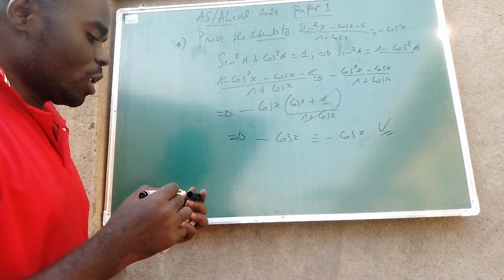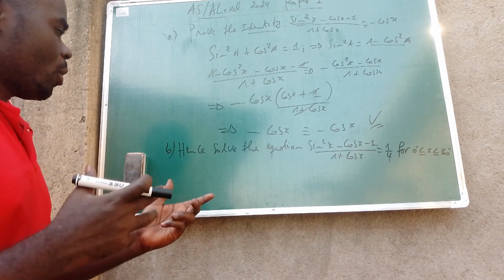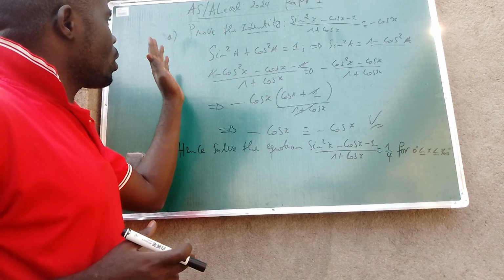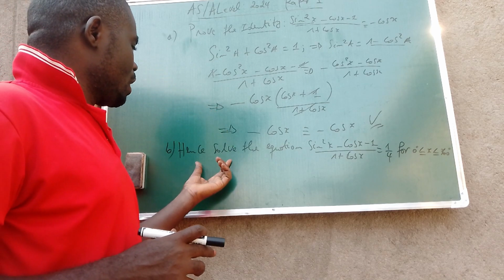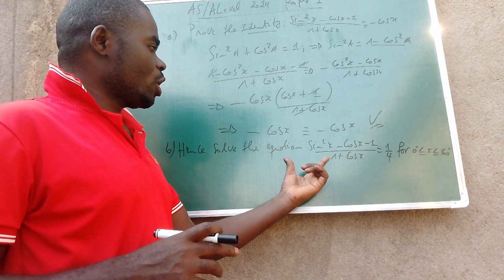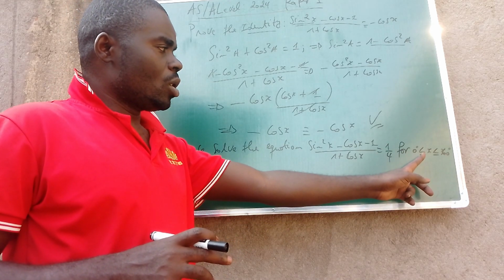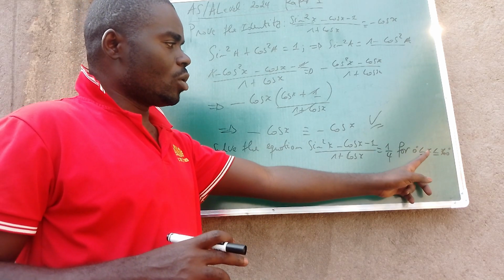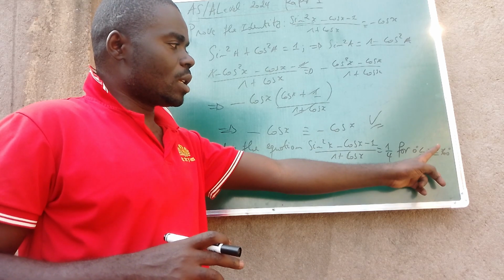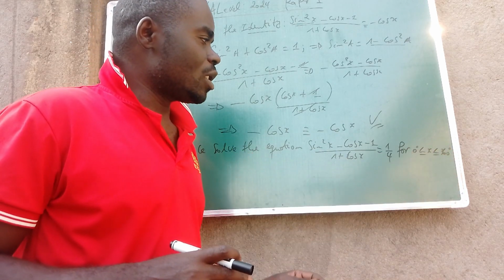So what about question number B? For question number B, according to this proved identity, we have to hence solve the equation, this identity equal to 1 over 4, in the domain of 0 less than or equal to x less than or equal to 360 degrees.